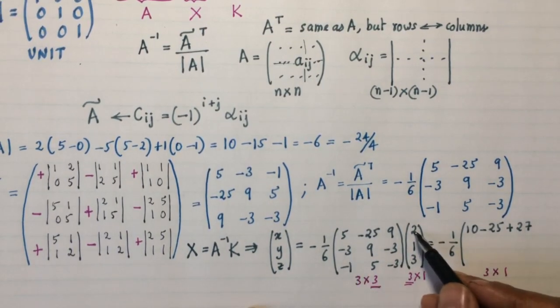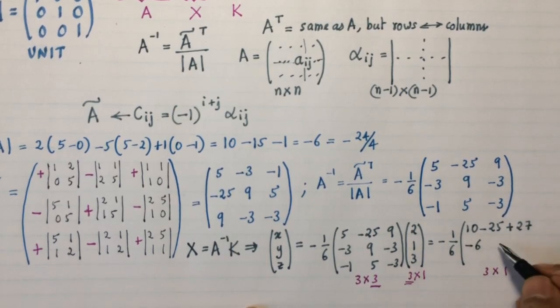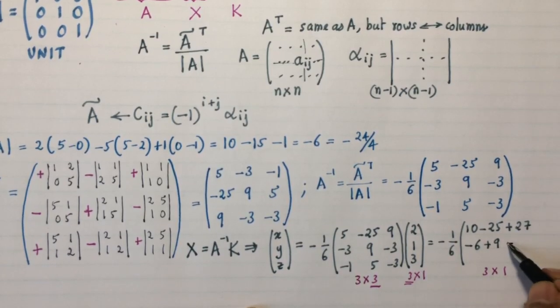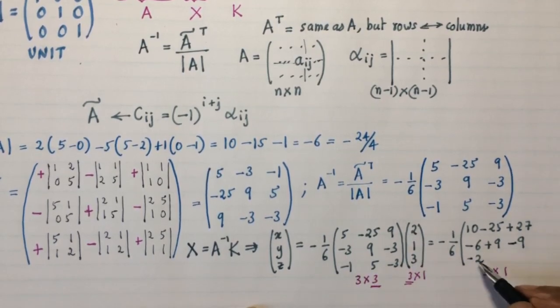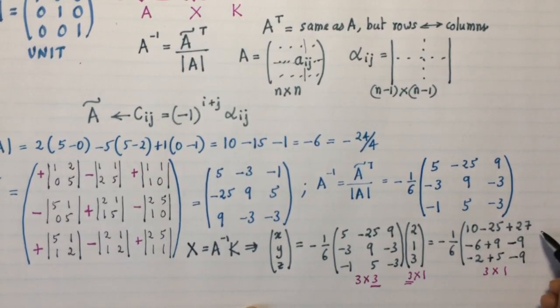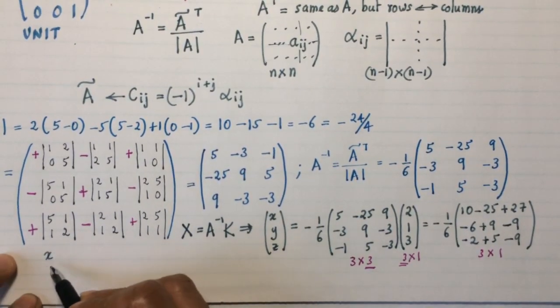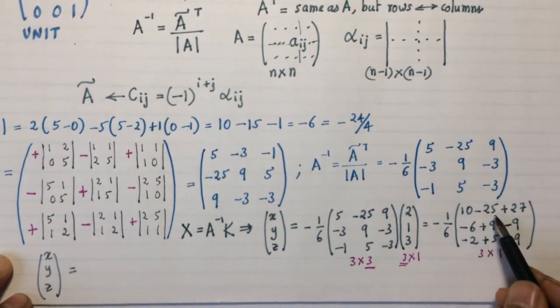Negative 3 times 2, 9 times 1, negative 3 times positive 3, and then I get negative 2, positive 5, and negative 9. We're almost there. So I get x, y, z is equal to, now let's do the math here.